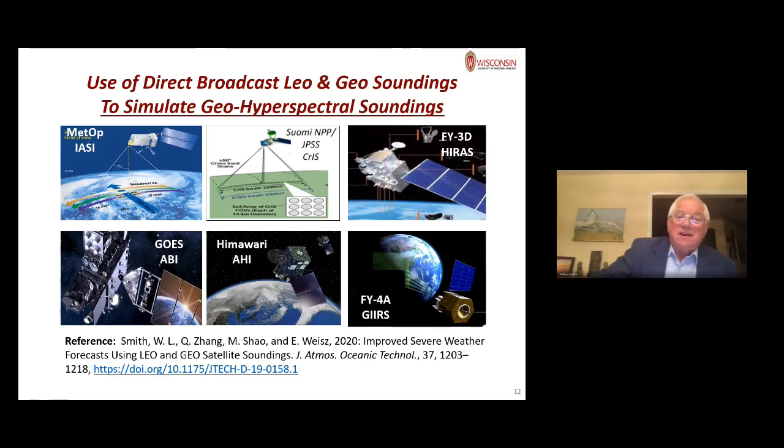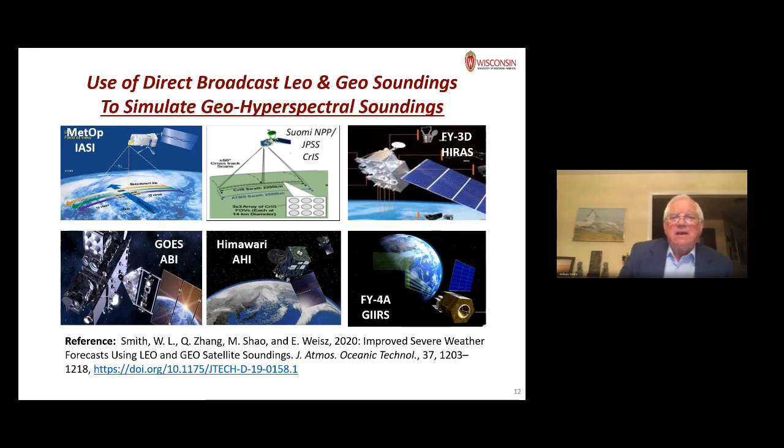We have, I think, 8 of them in orbit now on polar satellites. So they're fairly frequent when they come over every few hours or so. But their spatial resolution is kind of poor. It's like 15 kilometers rather than the 4 kilometers that we want.